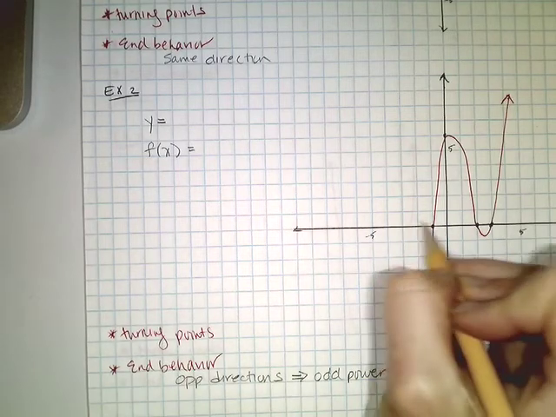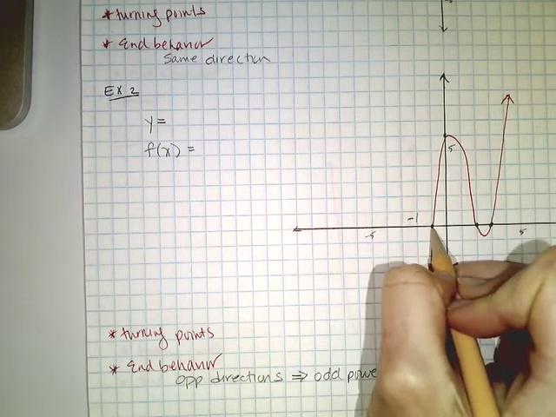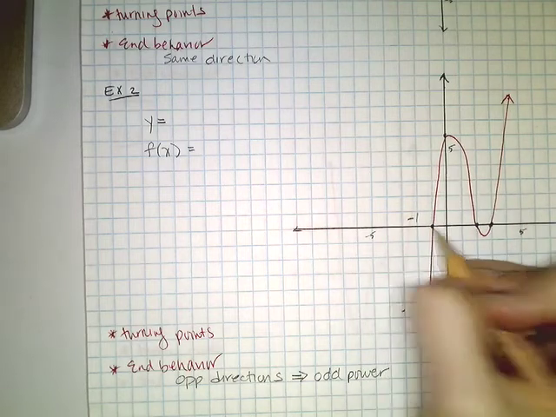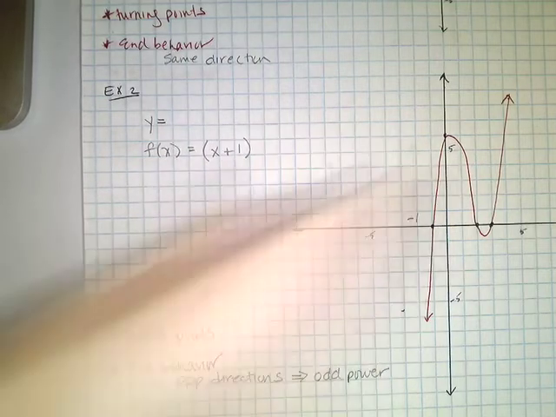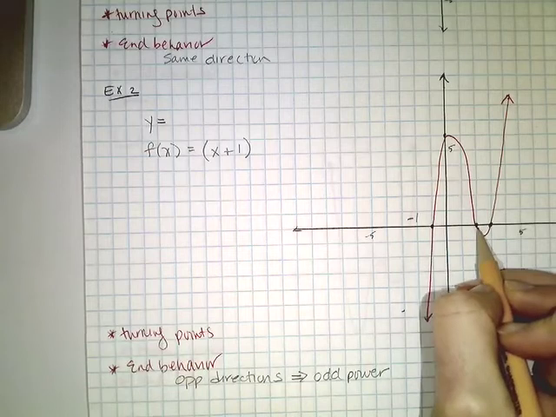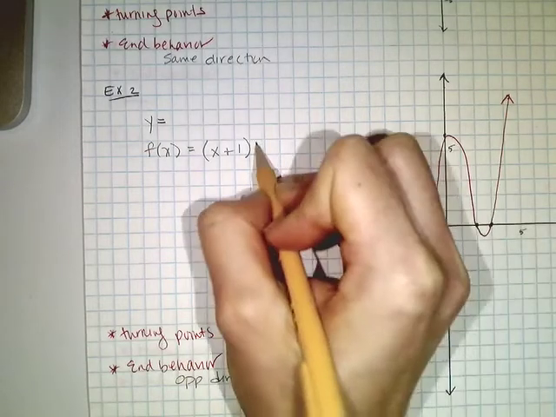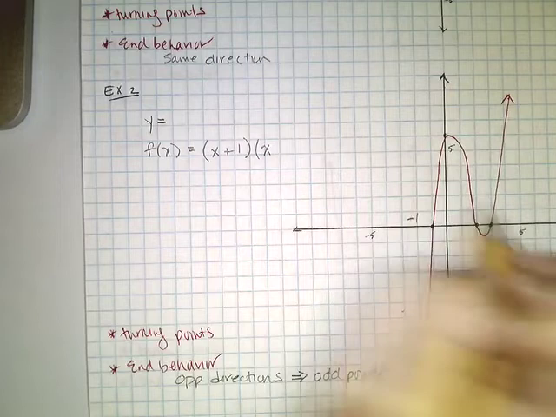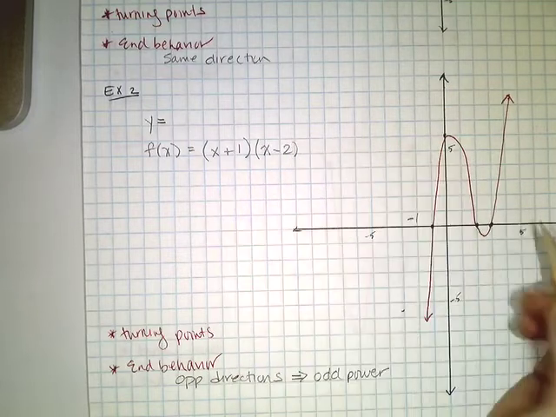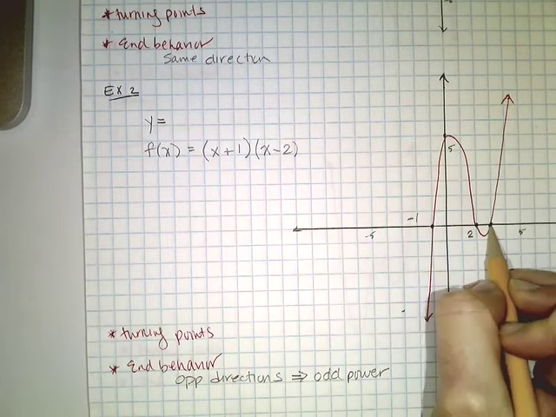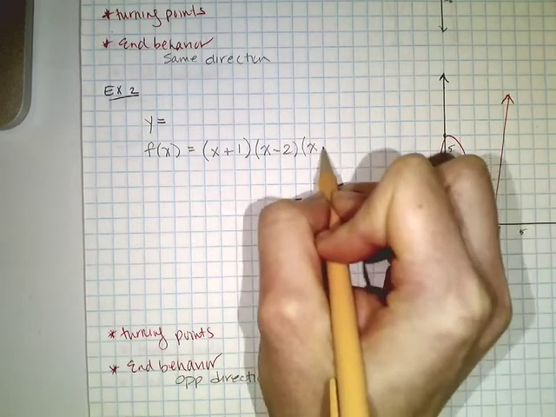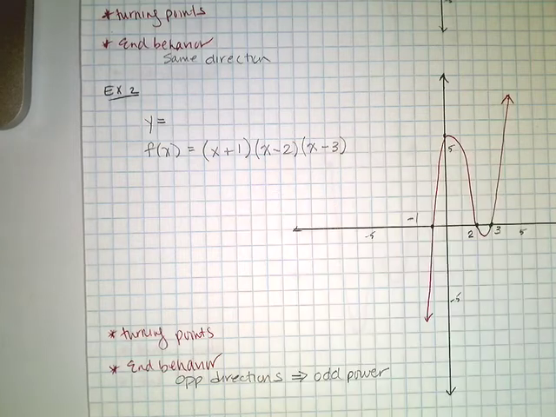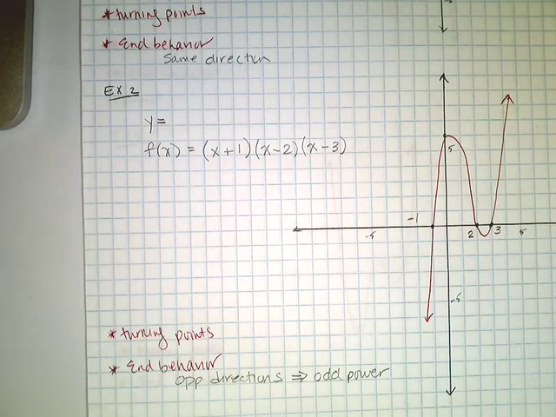So if this is -1, right, the x value is -1, that means that there's a factor here that is x plus 1. And if I have a root here that's 2, that means there's a factor that directly correlates that's -2. It's essentially the opposite sign. And if this root here is 3, then I'm going to have a factor of x minus 3. Okay? And I also can check, too, to make sure that I'm right.